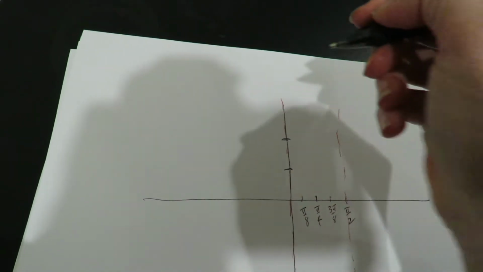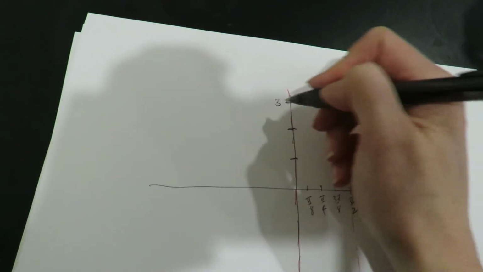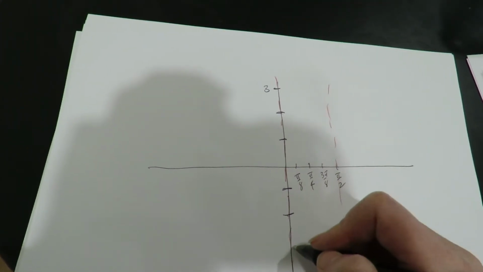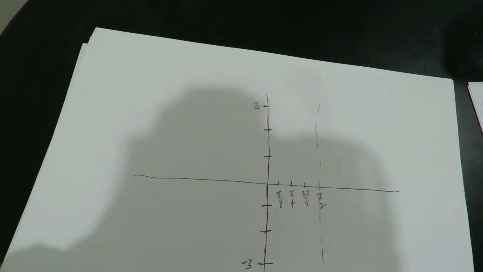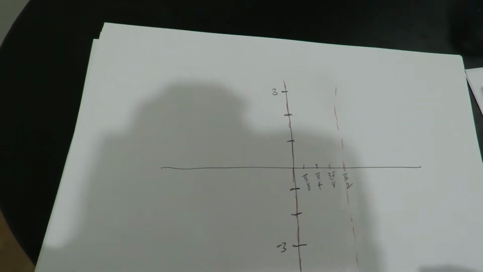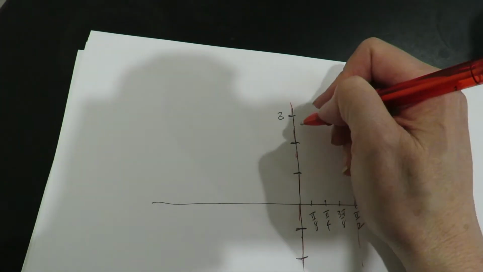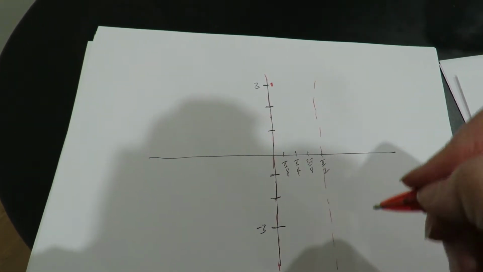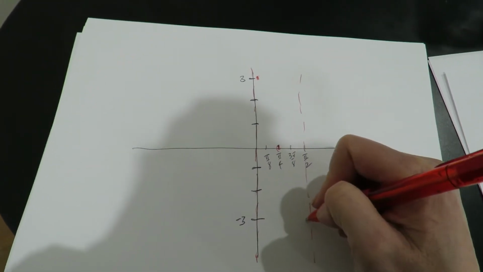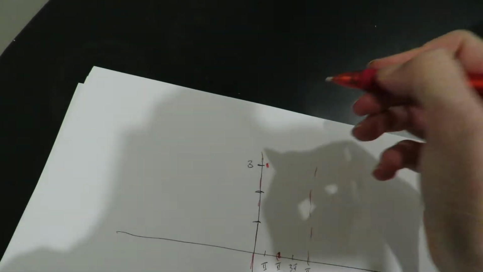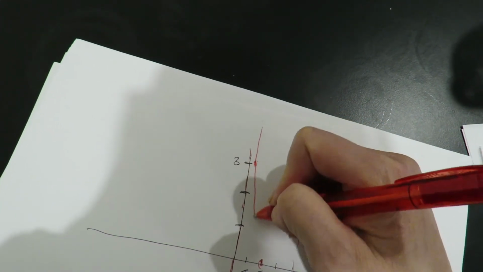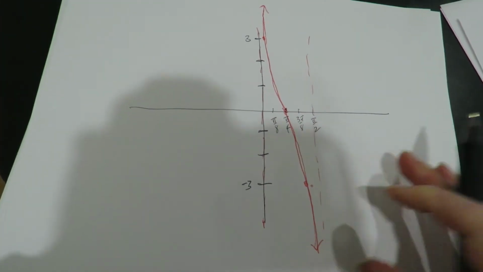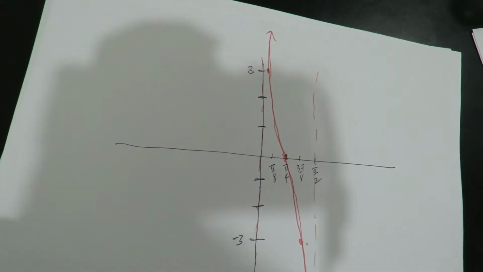All right, so at pi over 8 we were at 3, and at pi over 4 we're at 0, and then we're at negative 3. This guy's just really stretched out.